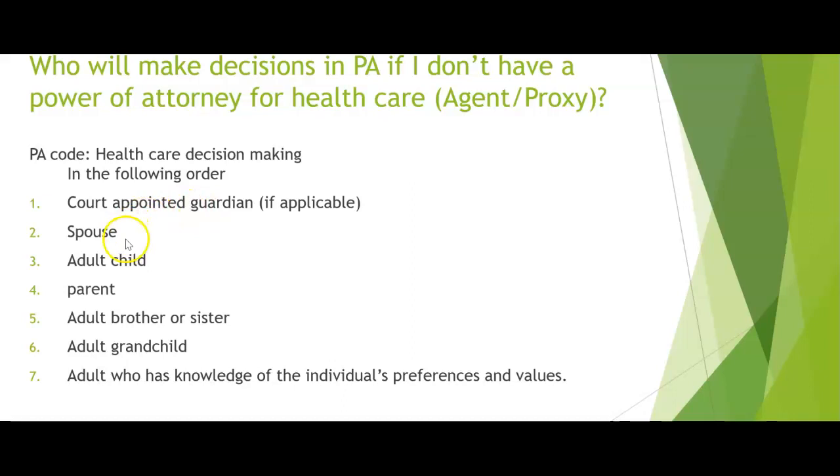Otherwise, it's a spouse, then it goes down to adult child, parent, adult brother or sister, and adult grandchild. And the last one is an adult who knows your preferences and values. So you can see if you do not have a medical decision maker, one will be appointed per the PA code.